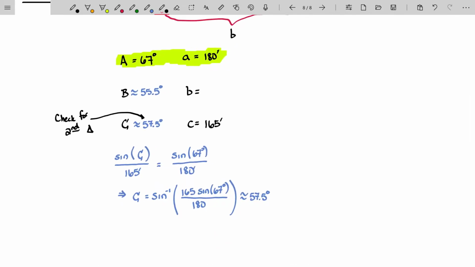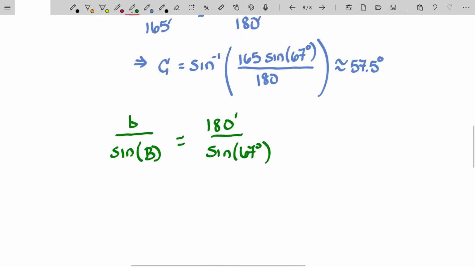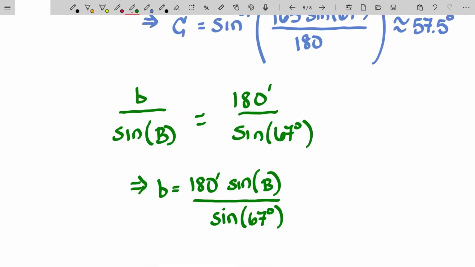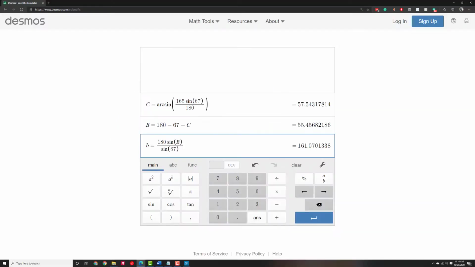Let's see, side B, I'll do this in a different ink. Side B is to sine of angle B as 180 feet is to the sine of 67 degrees. And this will imply, I'll zoom in because it's easier, B is 180 feet, sine of B over sine of 67. I'm going to go over to Desmos to use as many decimal places of B as possible.